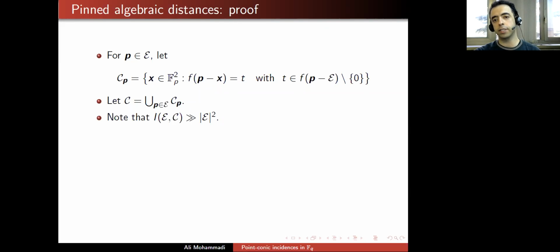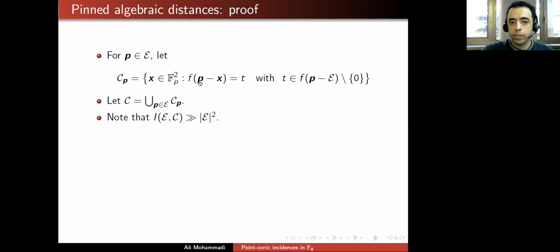The size of the distance set is the unknown that you're trying to find. So take a set of circles that have radii, this t, coming from your distance set, and centers coming from your point set.